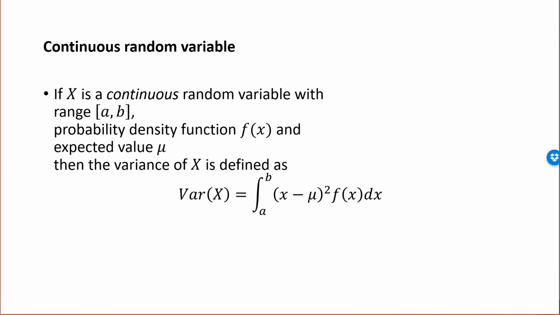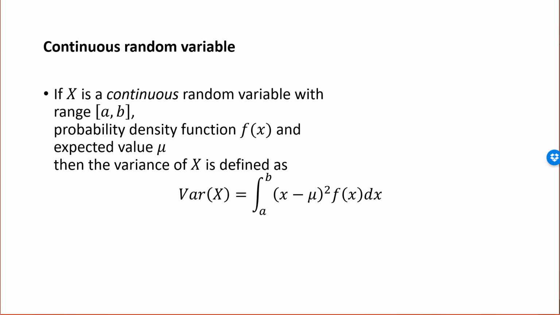So we integrate square deviations from the expected value, and we weigh it with the probability density function. So you can still think of the variance as the weighted average of the square deviations from the mean.